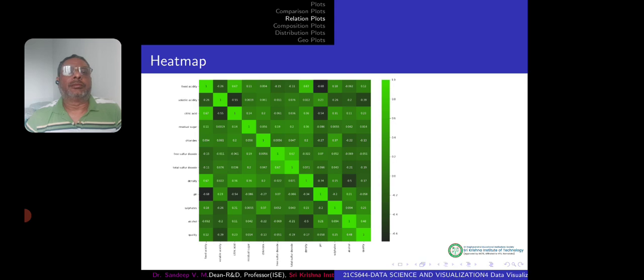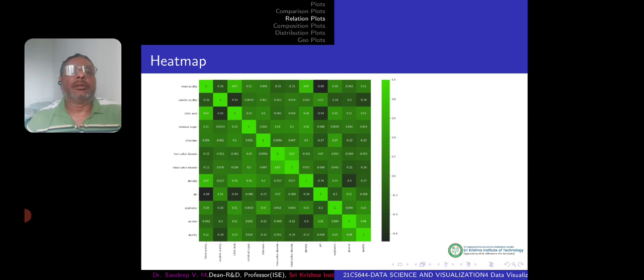So it says that between the first parameter and the third parameter there is a better positive correlation, and between the first parameter and second parameter it is almost dark. So we can say that it has a negative correlation also, because it depends on the sign. Yes, the black one is talking about minus 0.6, and the light green is talking about 1.